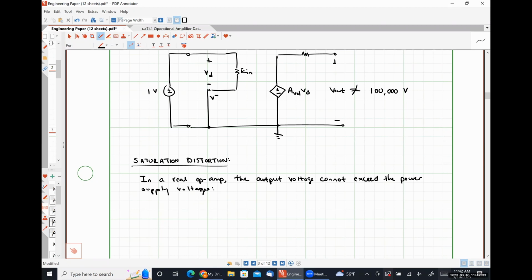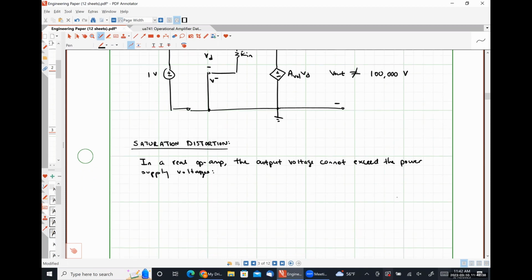And I'm going to give you guys a little bit of a piecewise function here. So we're going to say that V out will be equal to VCC plus, our positive power supply voltage, when AVOL times V plus minus V minus is greater than or equal to VCC plus.